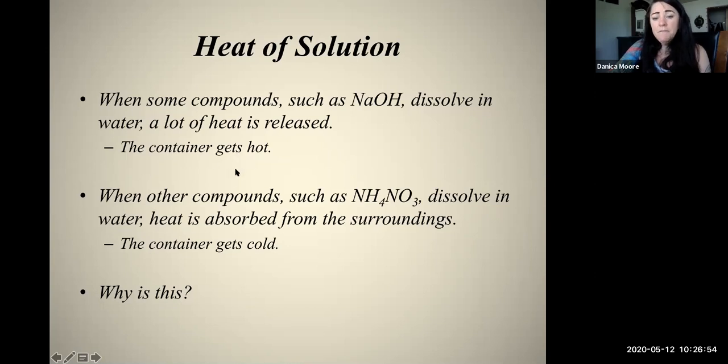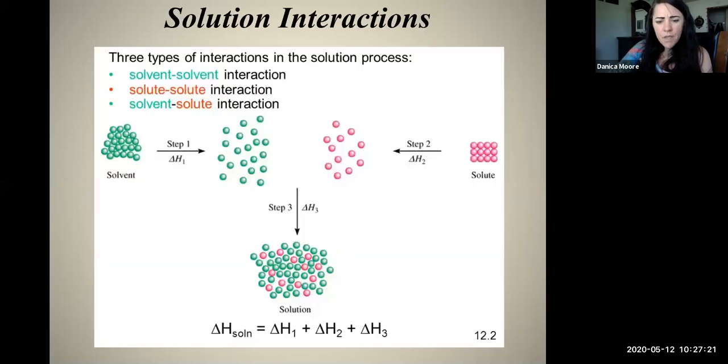So you can actually feel this exothermicity of sodium hydroxide dissolving. But less common is this phenomenon of an endothermic dissolution, where we have a compound such as ammonium nitrate, which when it dissolves actually absorbs heat from the surroundings, and so you get a cold, right? So now we're going to talk about how that happens.